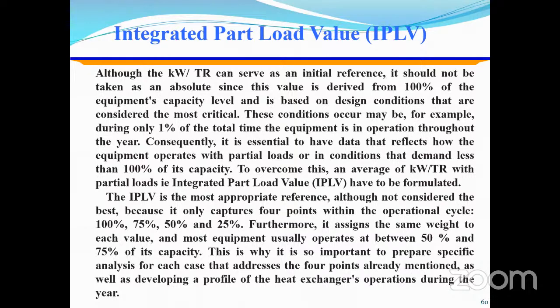The IPLV is the most appropriate reference, although not considered the best, because it only captures 4 points within the operational cycle: 100%, 75%, 50%, and 25%. Furthermore, it assigns the same weight to each value, and most equipment usually operates at between 50% and 75% of its capacity.